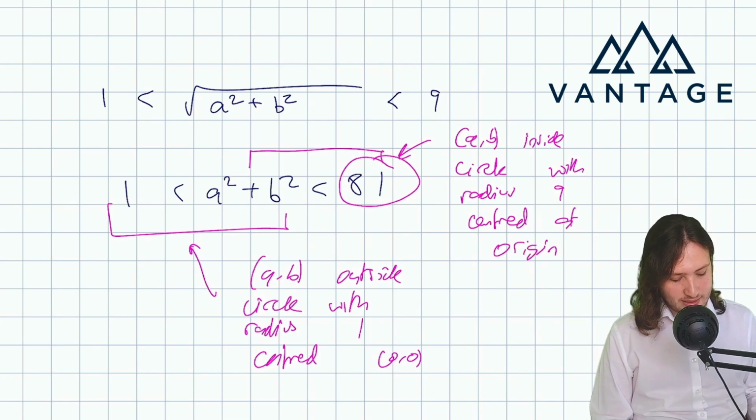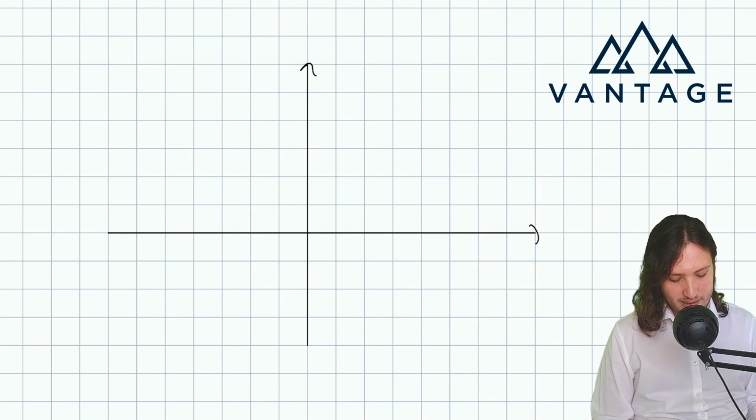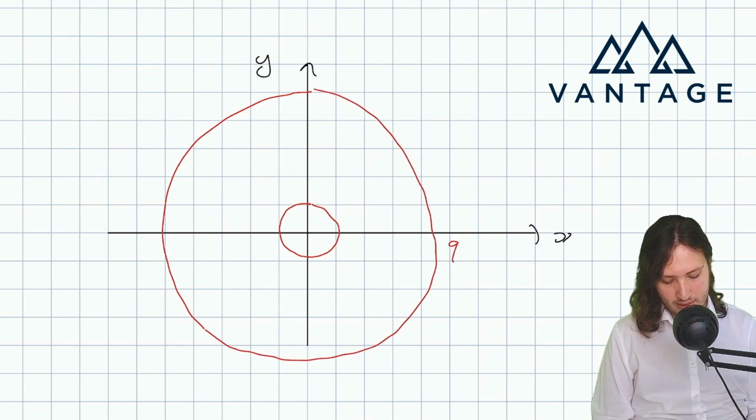So we can sketch this. We've essentially just got a sort of donut shape made by the region that's inside one circle but outside another. So we don't need to do this tremendously to scale. Let's say this is my little unit circle, and I know this isn't quite to scale, but let's say my radius 9 circle is here. 9, minus 9, 1, minus 1.